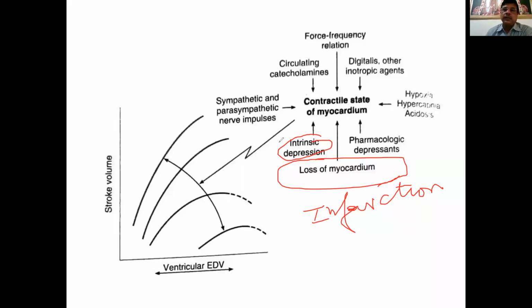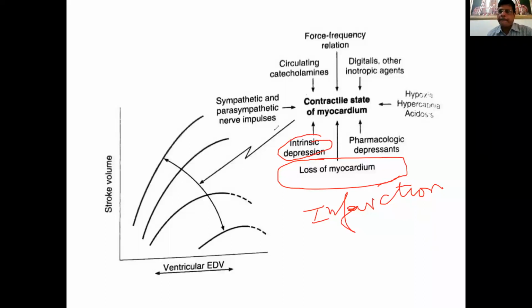Anyway, so this is about myocardial contractility. You have some factors which will increase the myocardial contractility. We call it a positive inotropic effect. You have some factors which will decrease the myocardial contractility. We call it a negative inotropic effect. So the bottom line is, for all factors which cause a positive inotropic effect, whatever may be the mechanism, what is the end point?